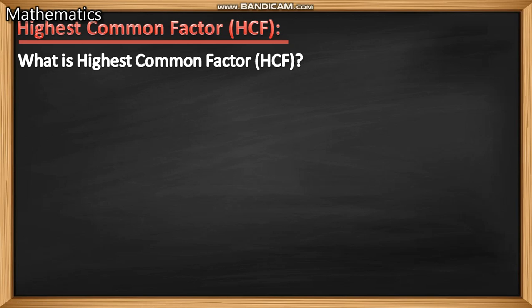How can we find the factors of a number? At first remember that one. Here we are going to study highest common factor. For finding common factors, the question will be like this way. Example 1.